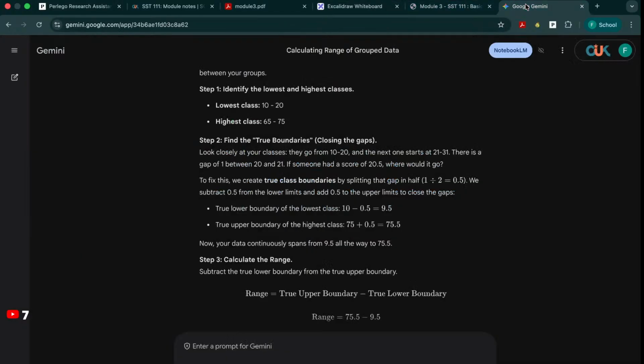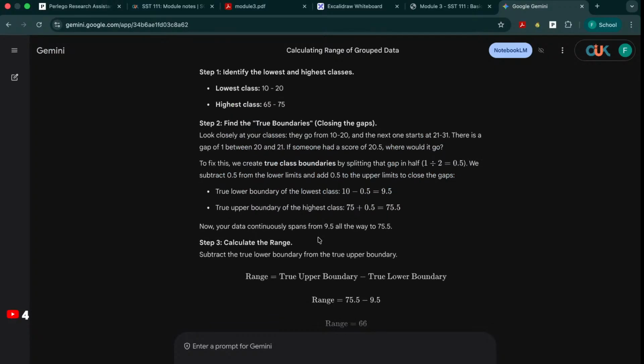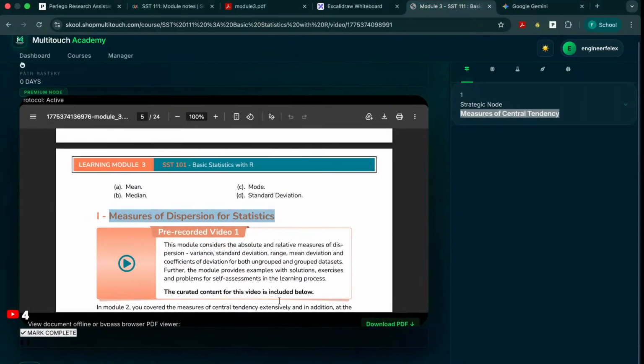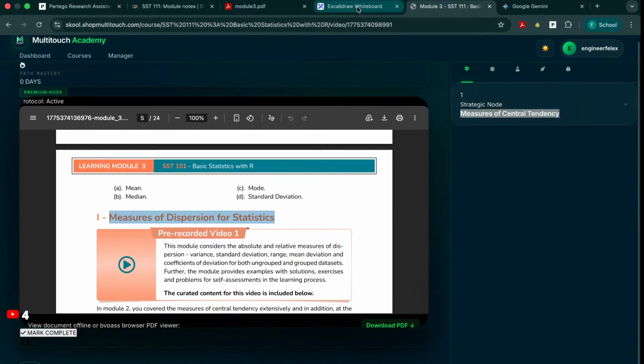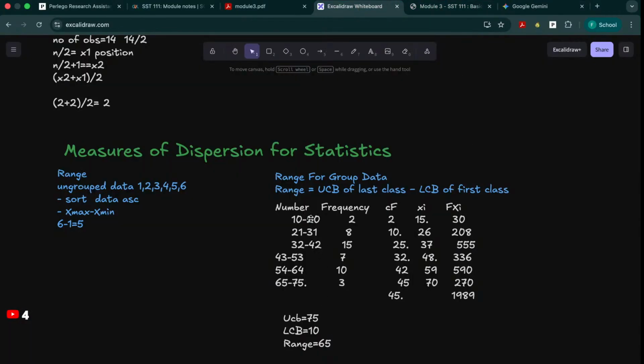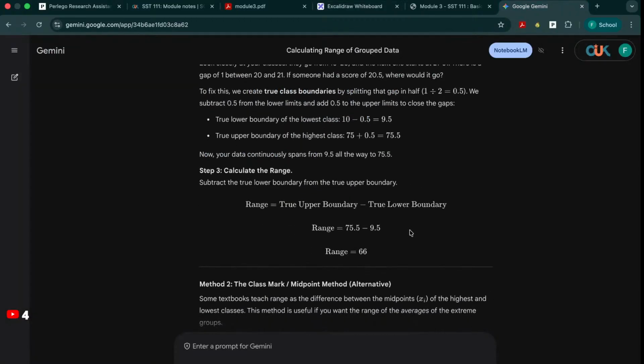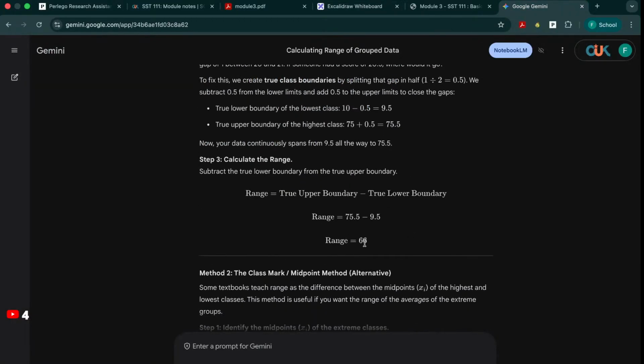So how do we take that gap into consideration? You take your gap and divide by 2, then you add it on the lowest value here and the highest value here. So that is how we are able to get 66.